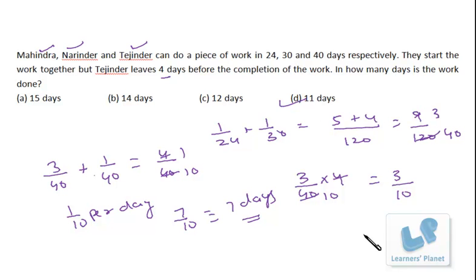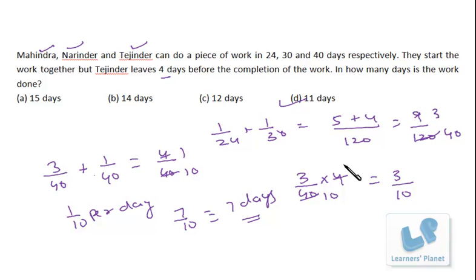I'll just repeat the problem solution once again. Since Tejinder is leaving 4 days before the completion of the work, we cannot calculate how much work was done before he leaves. So what we do, we can calculate the amount of the work done in 4 days by Mahindra and Narendra that we have calculated over here. That is 3 by 40 work is done by Mahinder and Narendra per day.